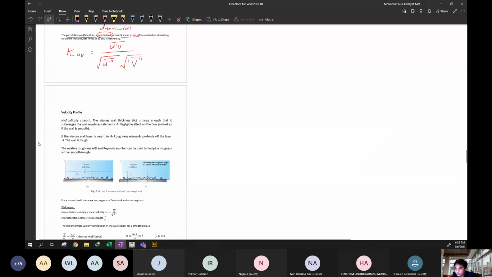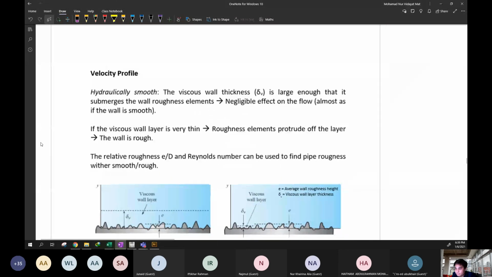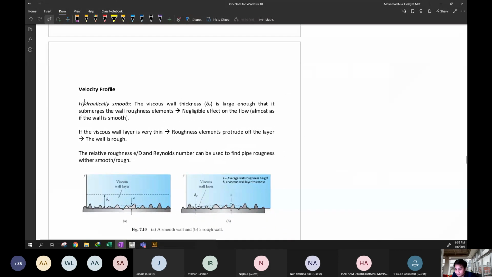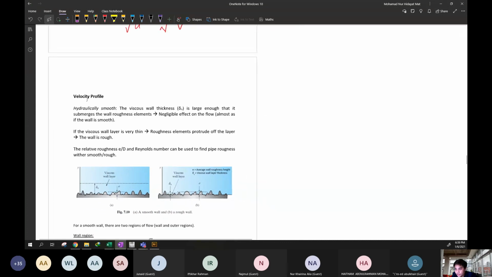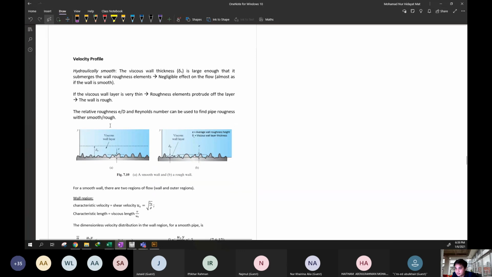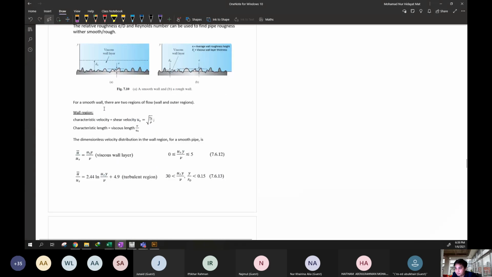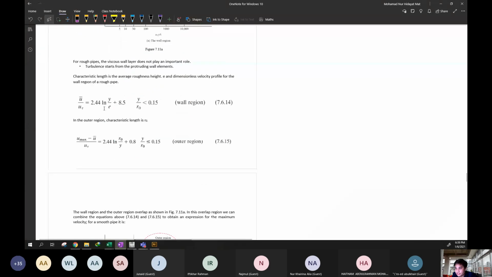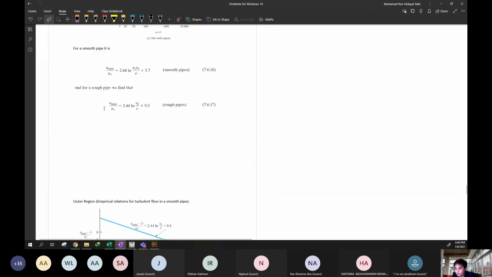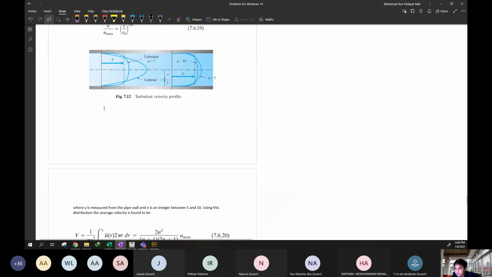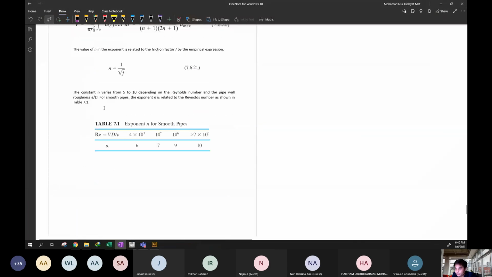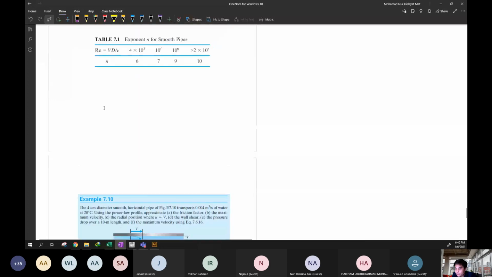And I need you to study on your own. This is more on reading. You need to read this: what is the velocity profile for the hydraulic smooth. This one I already explained. This is more on the theoretical side.